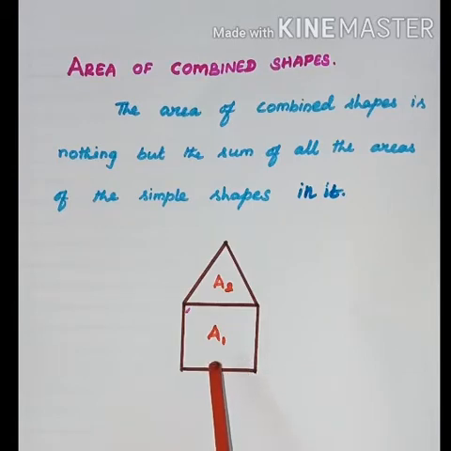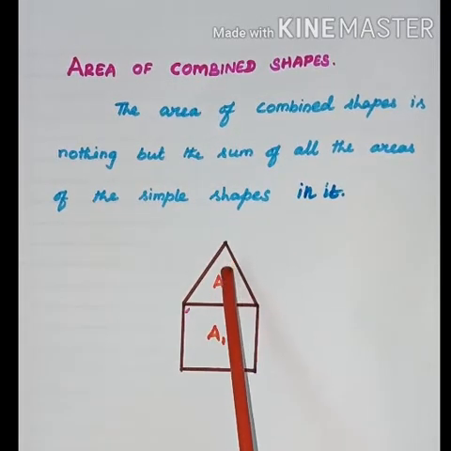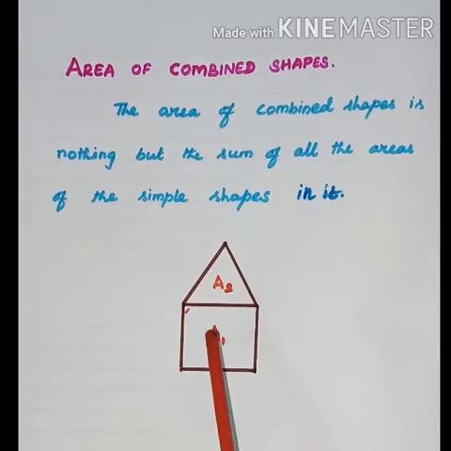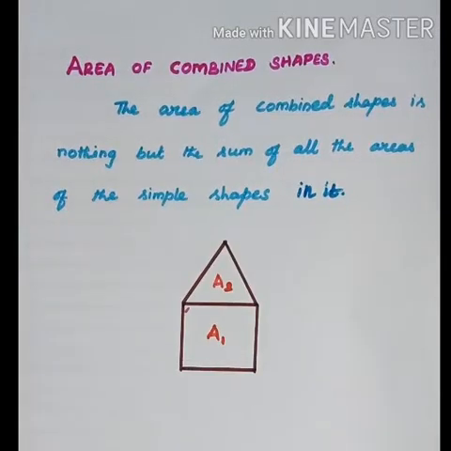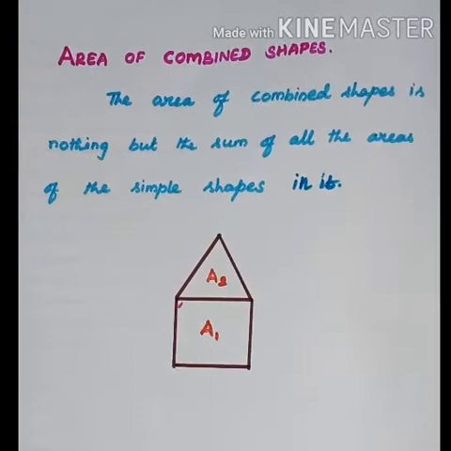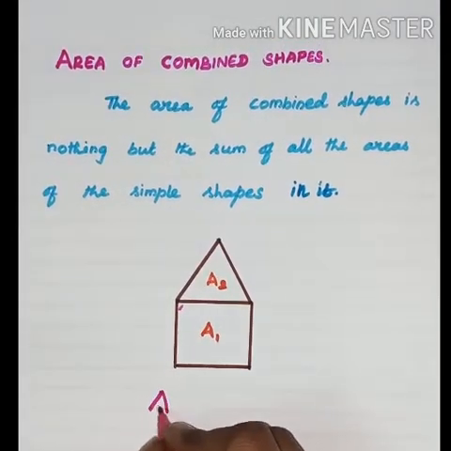First, we have to find the area of the square and the area of the equilateral triangle separately, and then add them up.